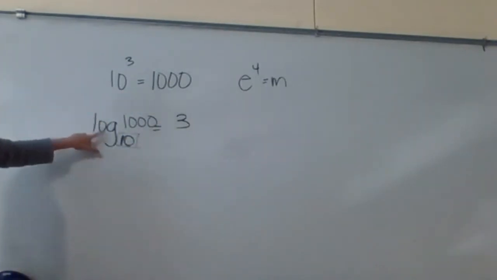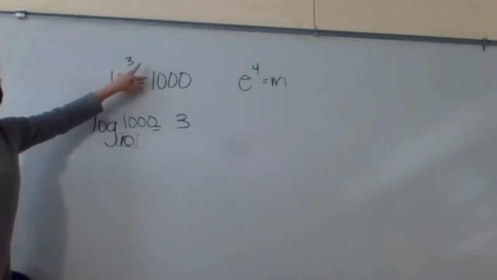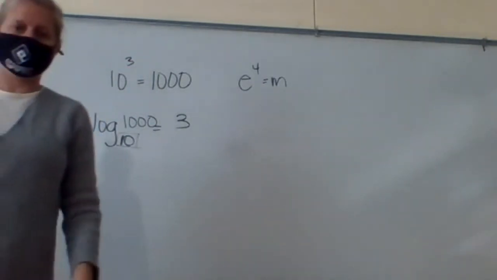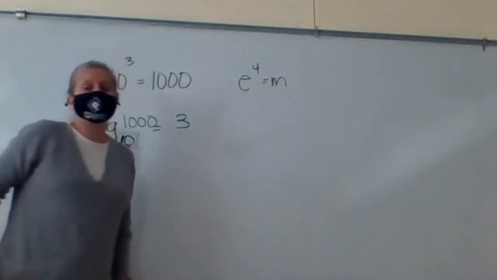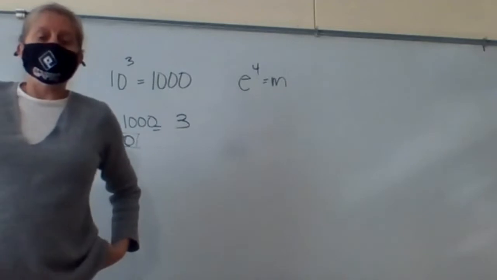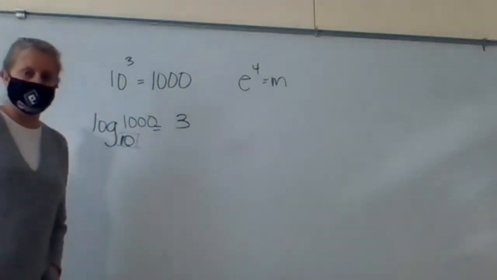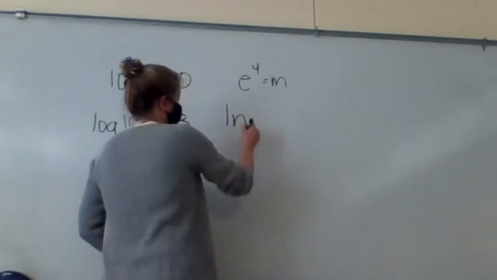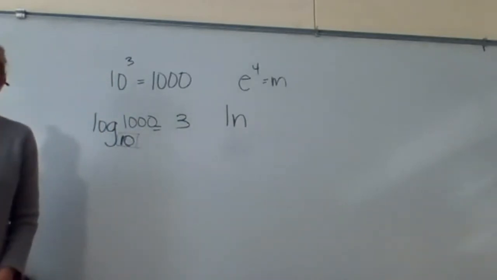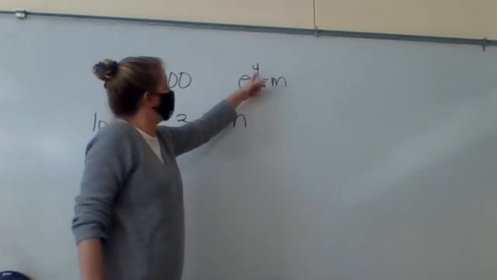So again, log, this number will go in the base spot, and then these two switch sides of the equal sign. So same thing here. So this right here, I can either do log base e, or what's another way to say log base e, ln, and then switch these two sides of the equal sign.